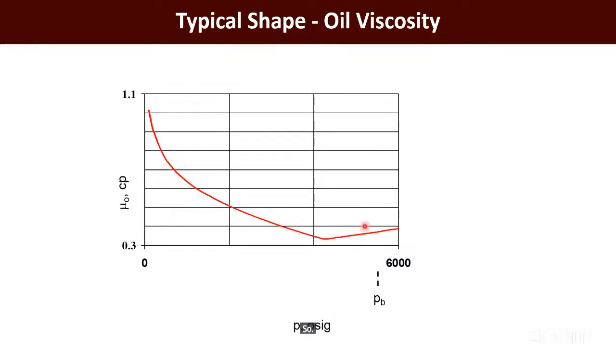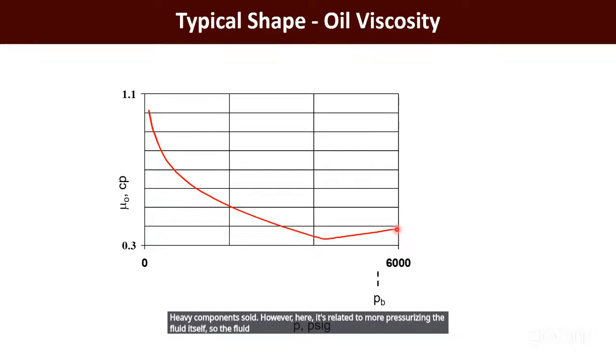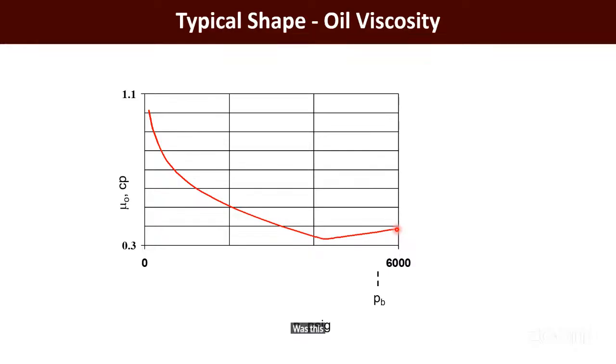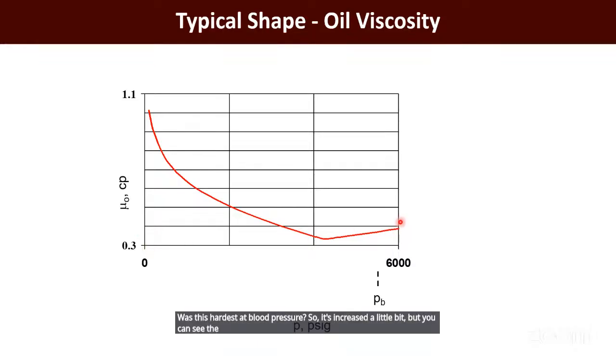If you check the other direction in here, it's increasing significantly because gas comes out of solution, keeping the heavy components only. However, here it's related to more pressurizing the fluid itself. So the fluid is more pressurized, more compacted with this high reservoir pressure. So it's increased a little bit, but you can see the change is not that significant.